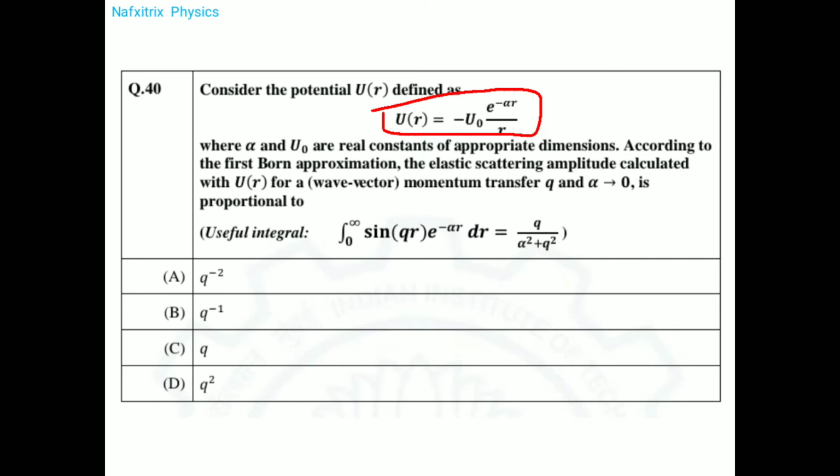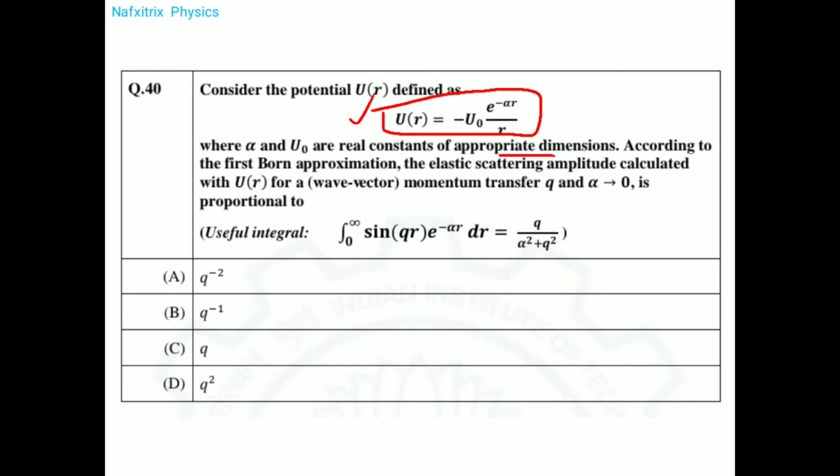This is the form of a spherical potential, where alpha and U naught are real constants of appropriate dimensions, such that finally we would get the dimensions of U of r.